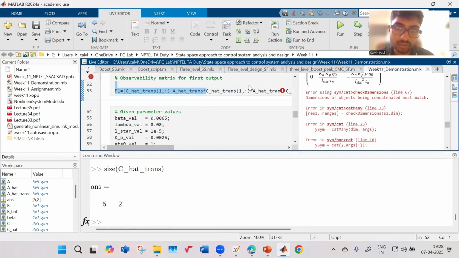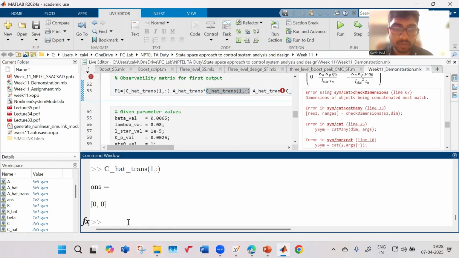What is C hat transpose 1? C hat transpose 1 is just this.